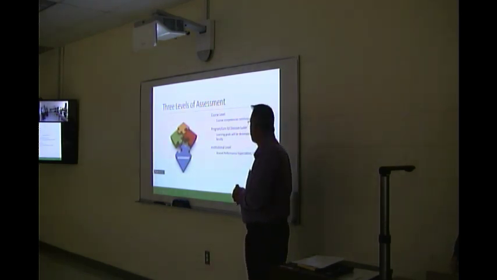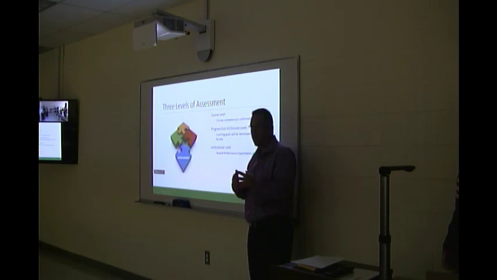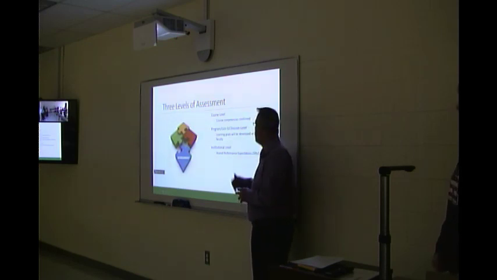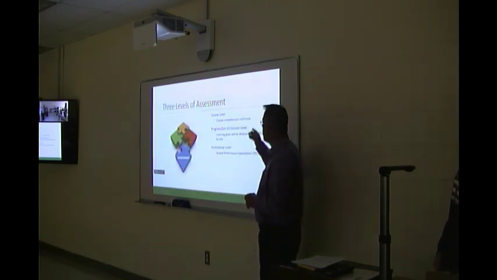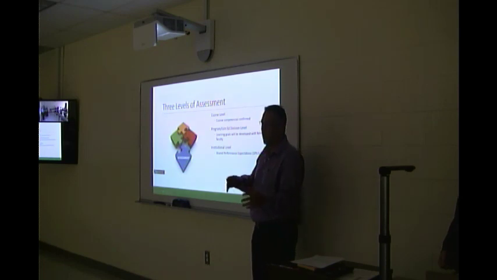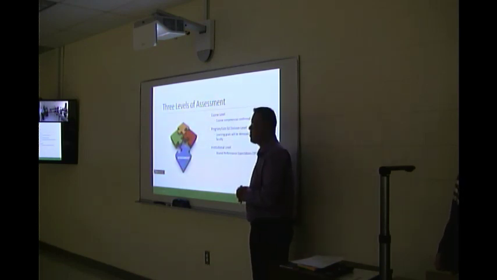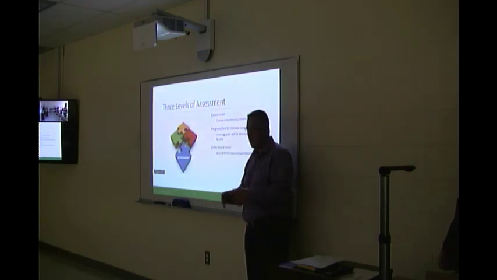For classes that aren't part of the system-wide transfer, we set our own course competencies. But these can all be found on the first day handouts and on the syllabi, and that's what's measured at the course level. And as you remember from the last slide, the Academic Standards Committee is going to oversee that process, the course level process.